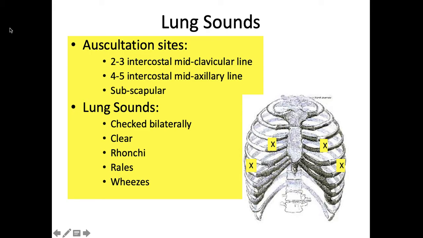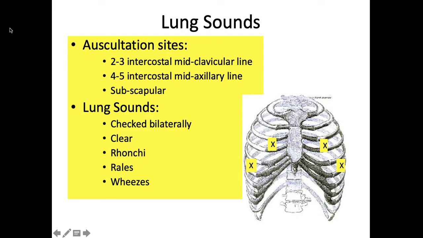Then you'll lift up the back of their shirt, on bare skin, and you're going to check subscapular. The scapula bones are those triangular bones that make up a part of our shoulder girdle, and on your back right there at the inferior angle at the base of those bones, where the bones make a little wedge, you're going to listen right there at subscapular. Do the same thing bilaterally.